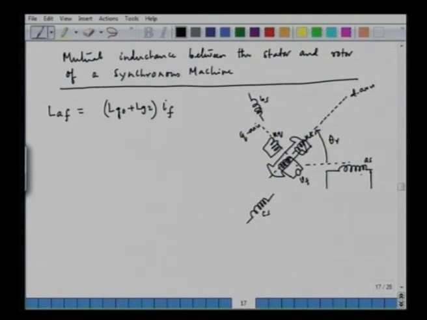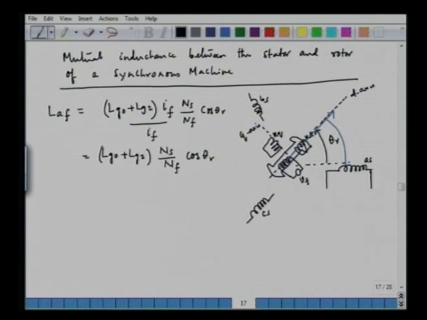So I have to multiply by a factor of NS by NF, and the component of this flux along phase A will be cos of theta r. So I have to multiply here cos of theta r, divided by the unit current, that is IF. So this shows the mutual between the field and phase A. So, this we can simplify, that is equal to Lg0 plus Lg2 into Ns by Nf into cos of theta r.